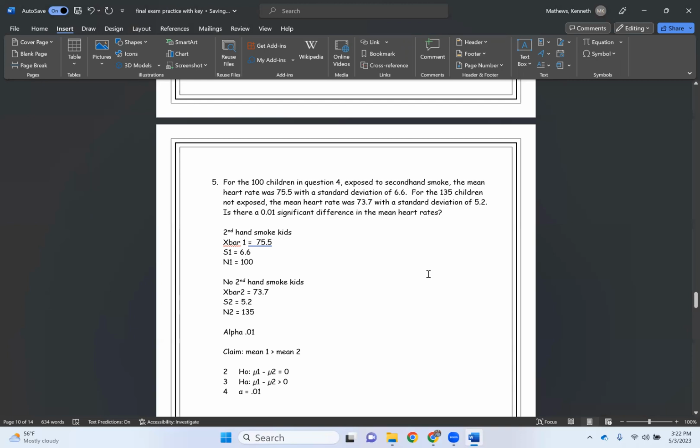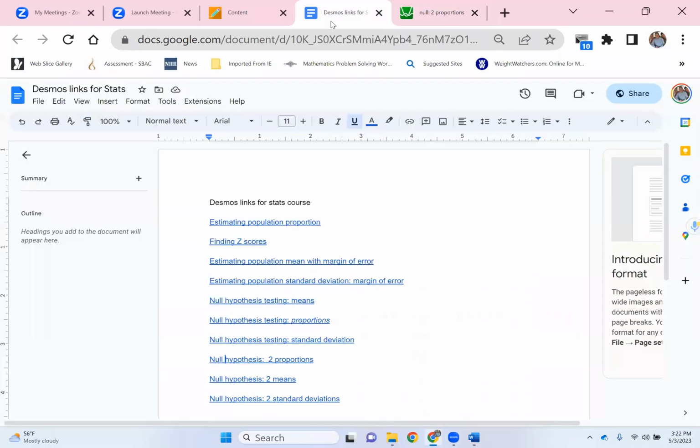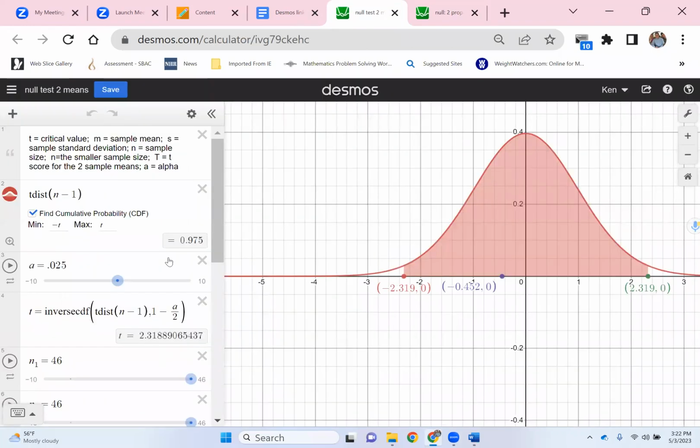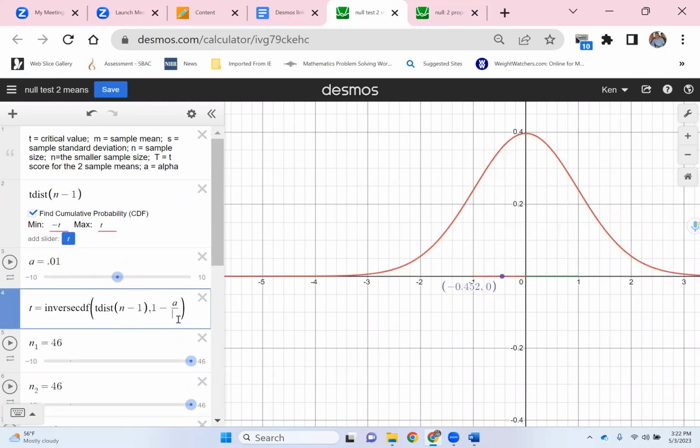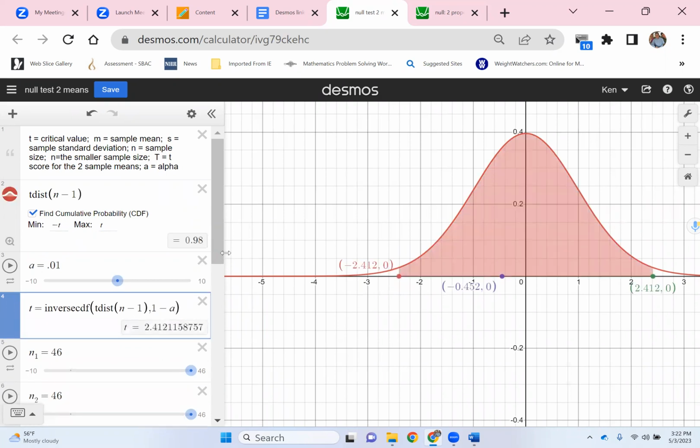All right, so it's a null hypothesis test with two means. So let's see what we have here. Null hypothesis with two means, there it is. It's a t distribution. Okay, so alpha is 0.01, and it's one tail, so we're going to get rid of the over 2.